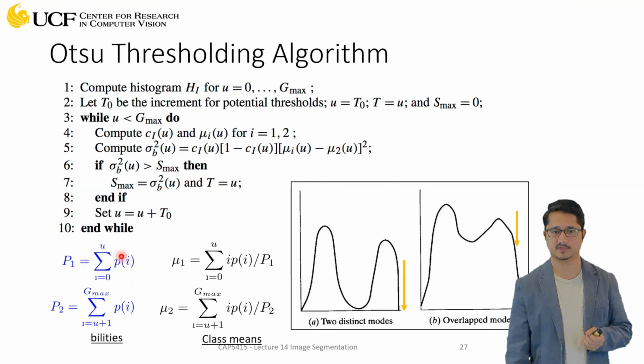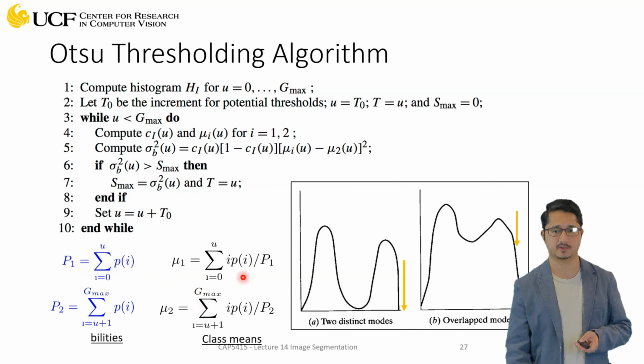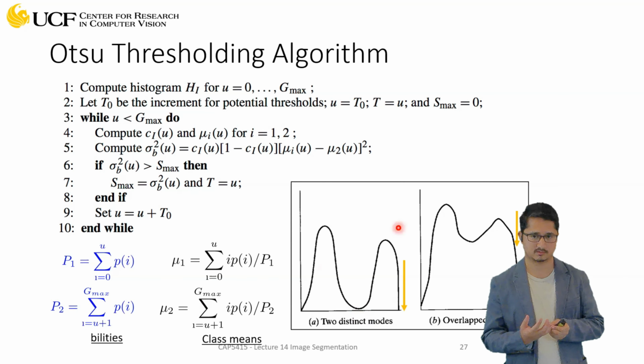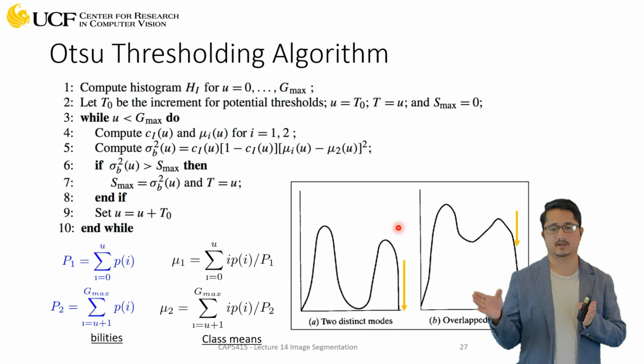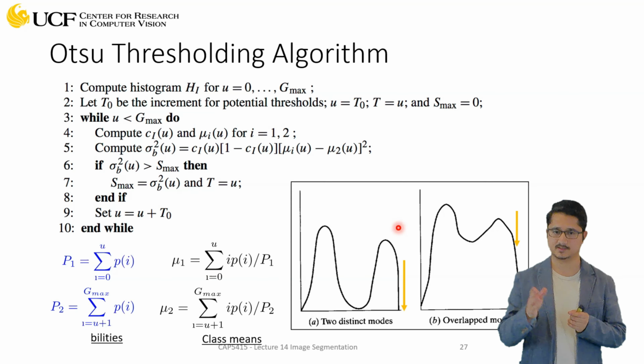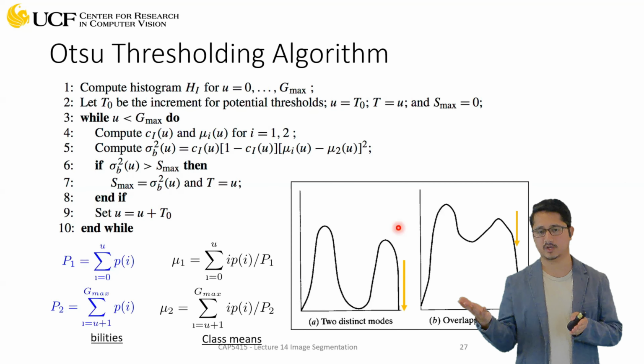That's it. So basically, in layman terms, let's say you have 1,000 pixels in total. And let's say I set a threshold of 100, which says less than 100 is foreground and greater than 100 is background.